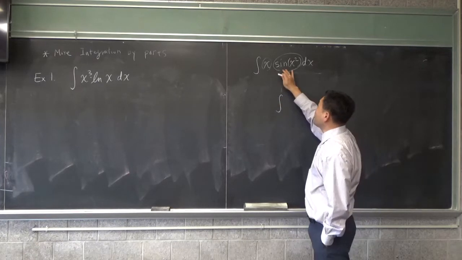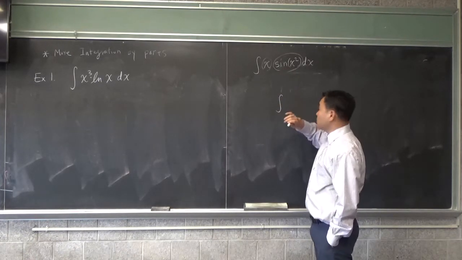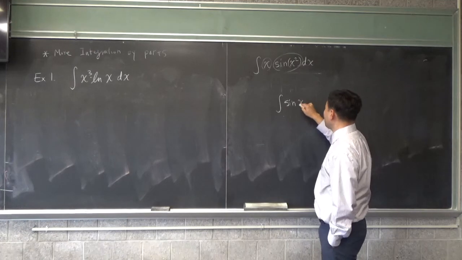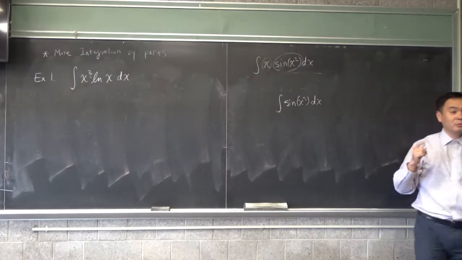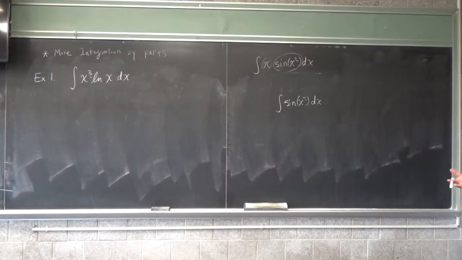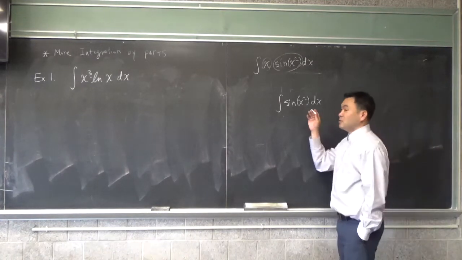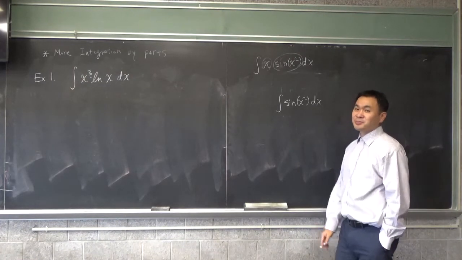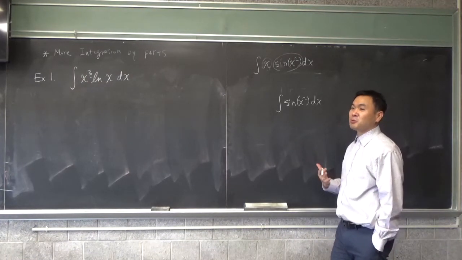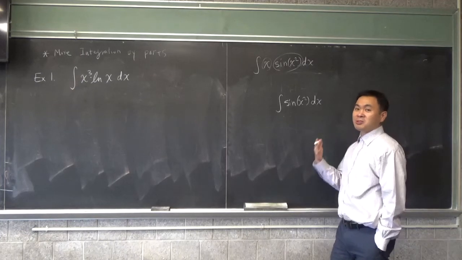So if you try to integrate the sine, you end up with this question: what will be the antiderivative of sine x squared? And unfortunately, this is an integration question which doesn't have an answer. And that's a stark difference between a derivative question and an integration question.